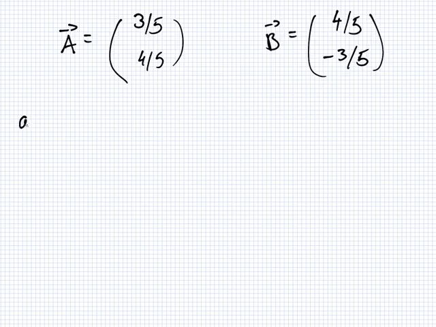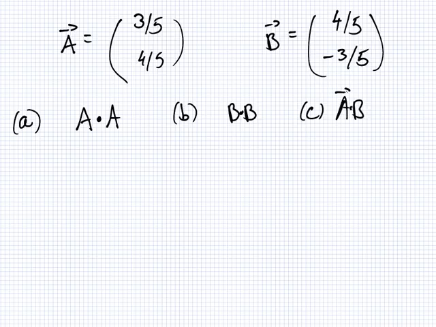Okay, so part A here, I want you to calculate A dot A, and part B is B dot B, and then part C is A dot B. But there's more now. I'm not just going to do this.